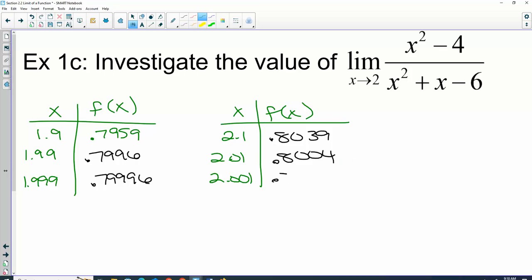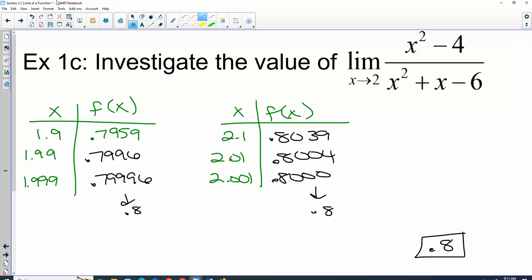Your tables look like this. So what are they approaching? 0.8. So the value of our limit is 0.8.